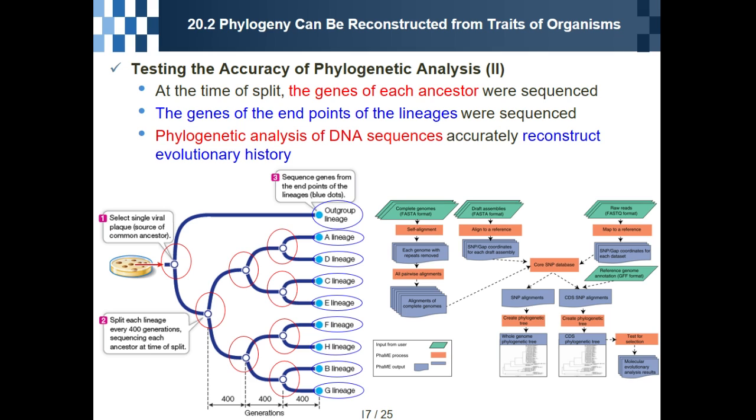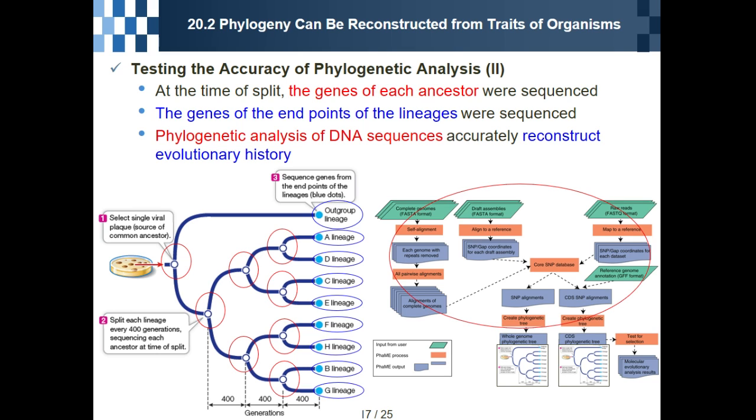Those people used the DNA sequences. They did phylogenetic analysis, and finally they made a phylogenetic tree like this. People found that this phylogenetic tree and this phylogenetic tree are the same. So based on this result, people say that the accuracy of phylogenetic analysis is very high.